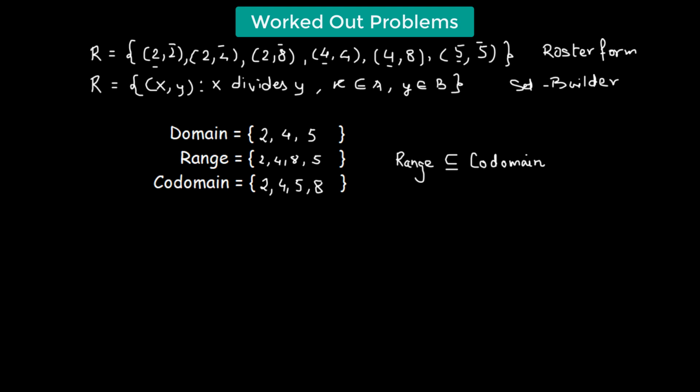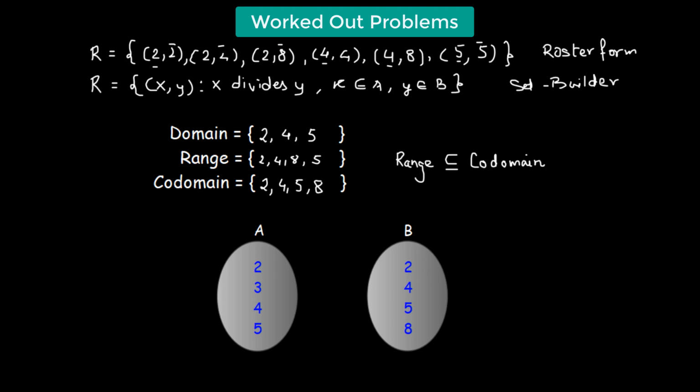Now we can also represent the given relation graphically. So to represent the relation graphically, we draw two Venn diagrams. The first Venn diagram will comprise the elements from set A, and the second one will consist of the elements from set B. So starting from the first element in set A, which is 2, 2 forms a relation with 2.